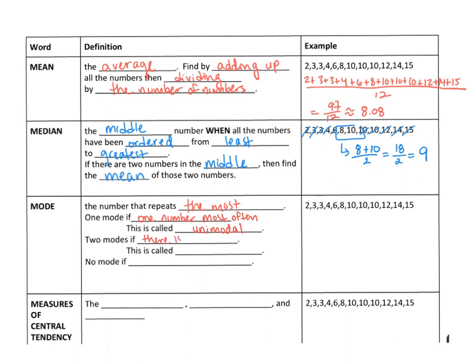Just like unimodal is like a unicycle, two modes is bimodal, like a bicycle. And there's no mode if all the numbers show up the same number of times.